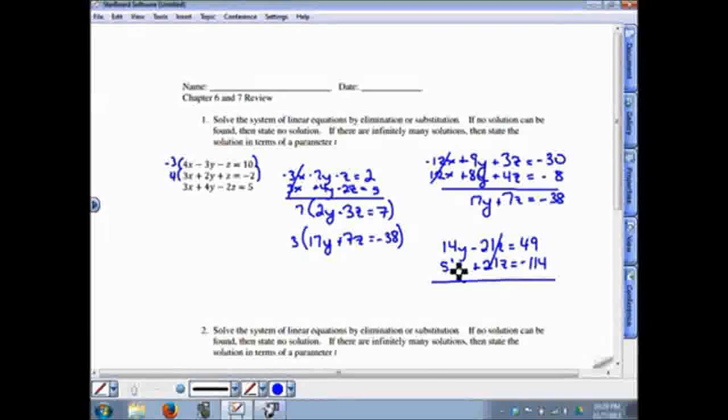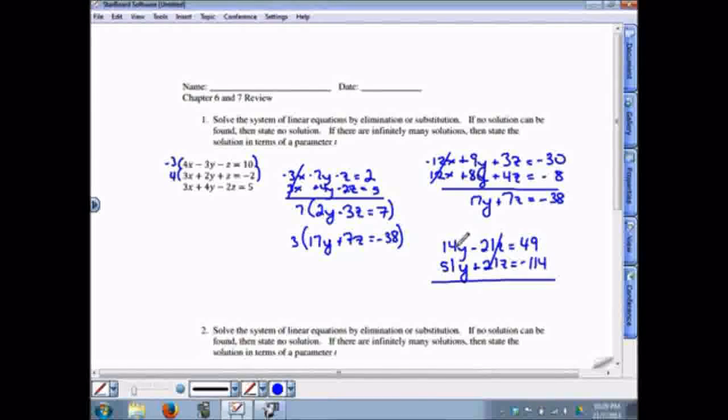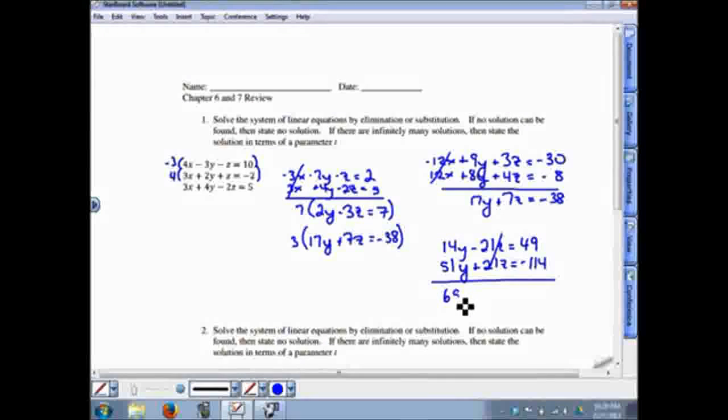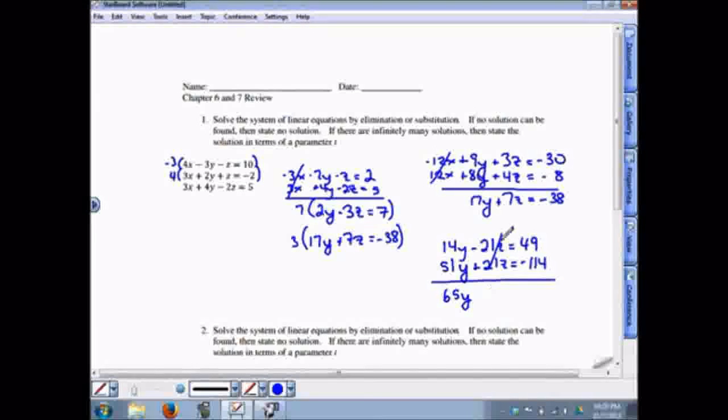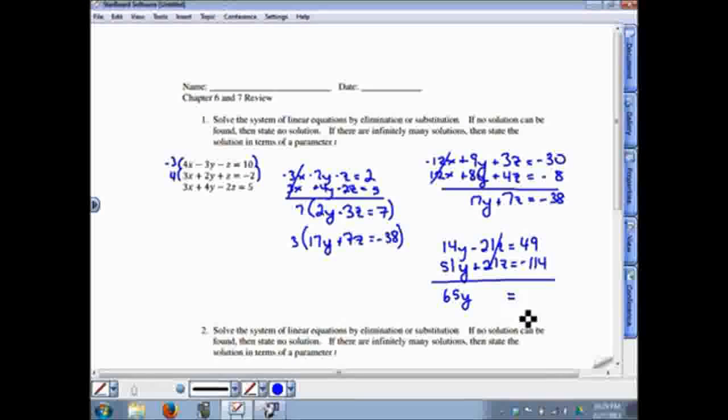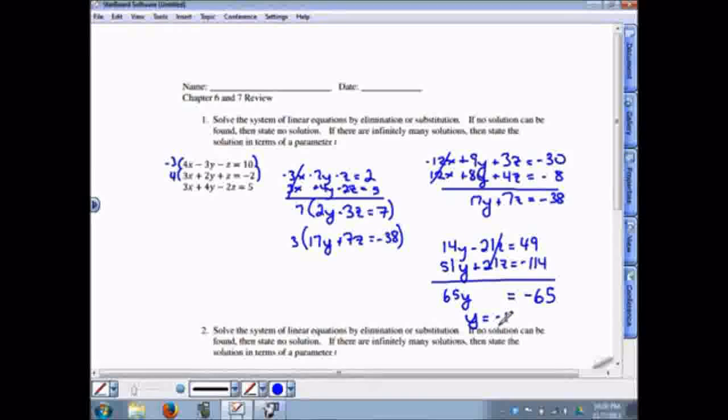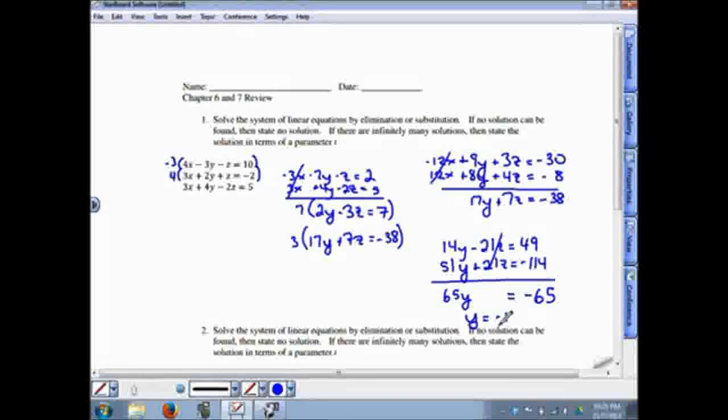So the z's cancel when we add these together. 51y plus 14y is 65y. Z's gone, and 49 minus 114, that's -65. Divide both sides by 65 to get y equals -1.